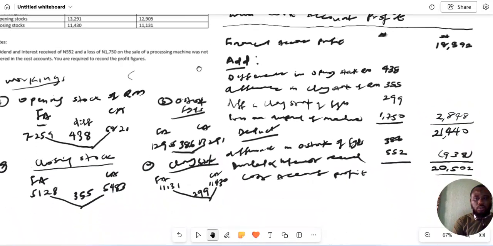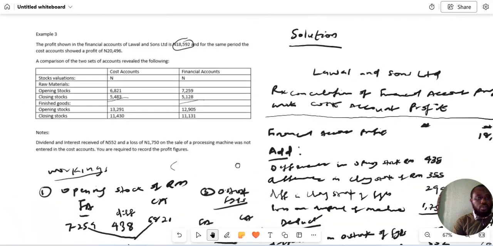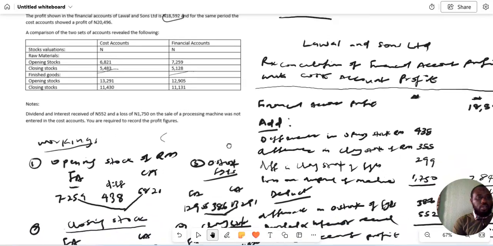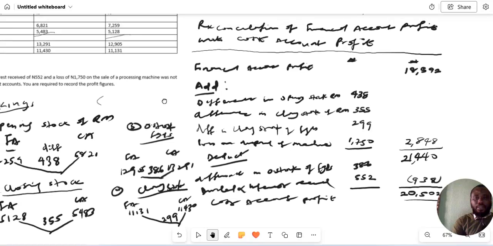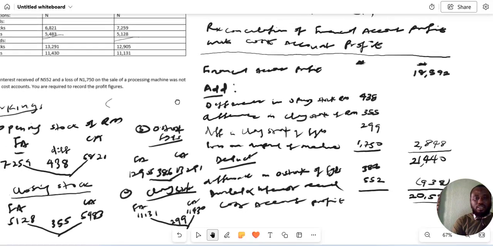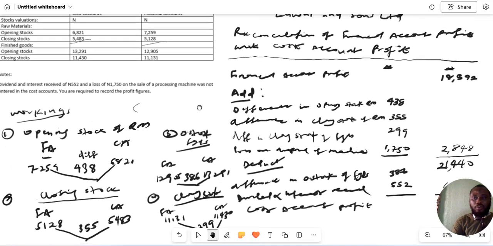We have 20502, but the question has 20496, so we still have a difference of 6. So where is that 6 coming from?